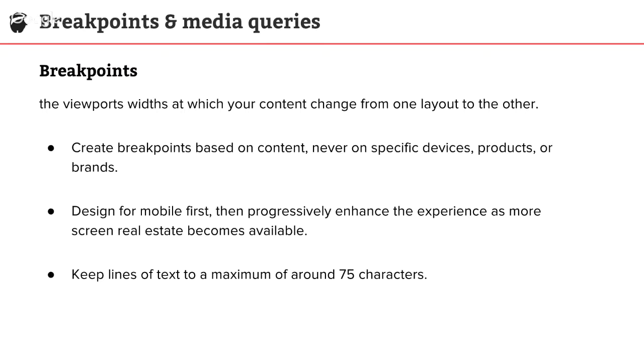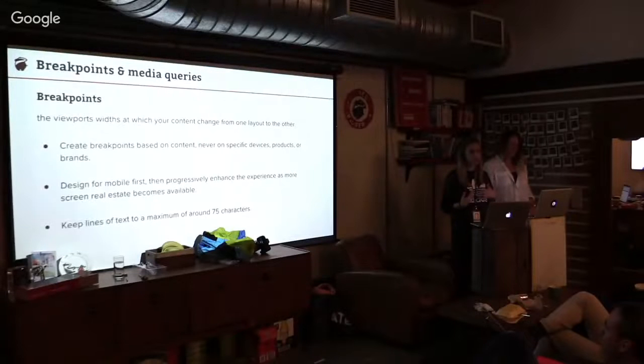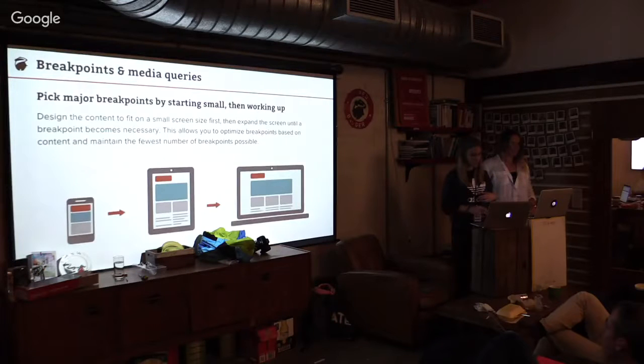And another thing that is very important about your content is that you should be careful about how many characters you use on each line. There is a general rule that around 75 characters is a good amount of copy to be able to read through really easily. So the way we are picking the breakpoints can be different.